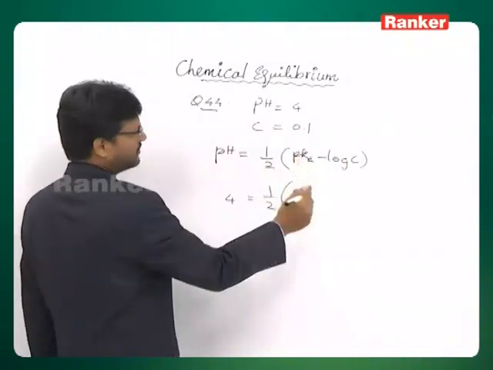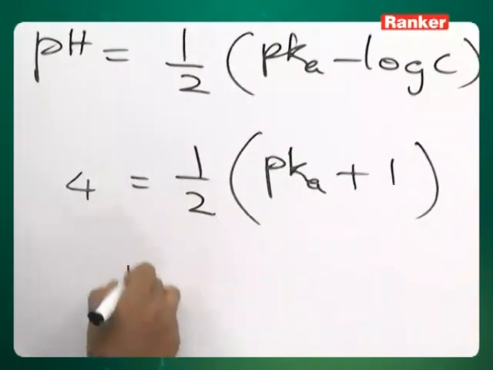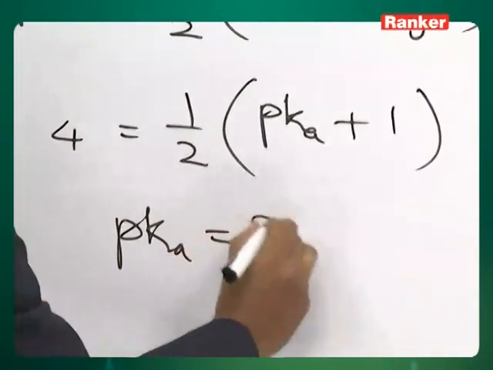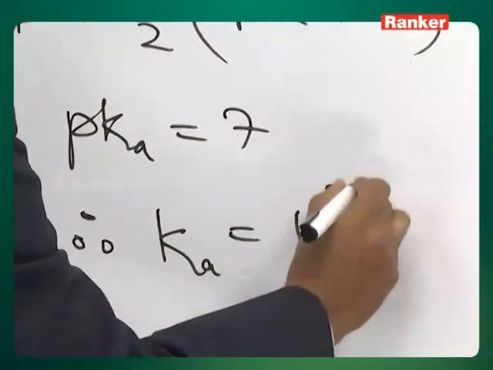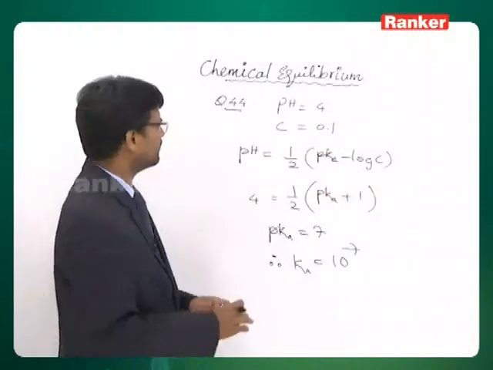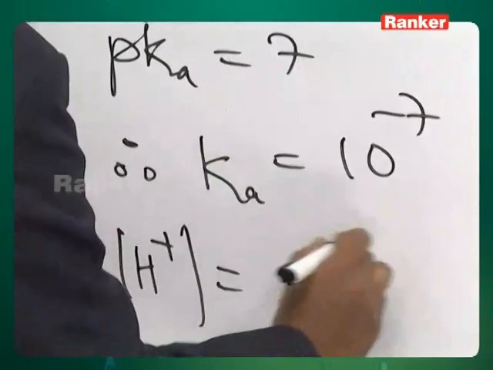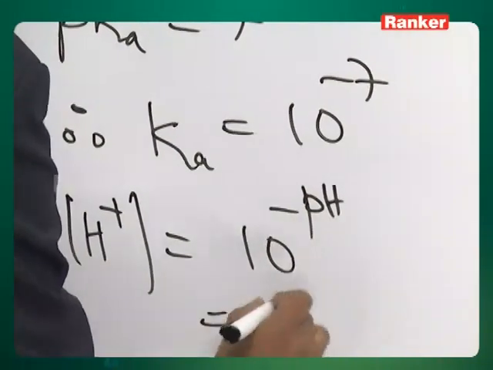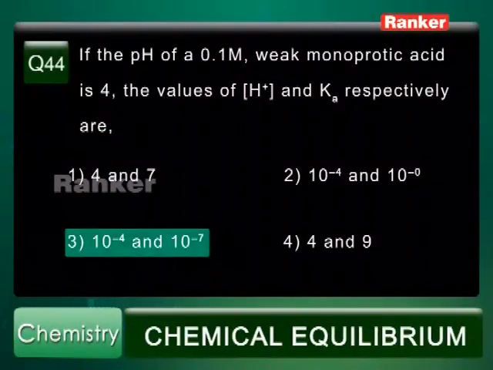Log C is -1, so minus of minus is +1. So pKa equals 7, therefore Ka equals 10 raised to -7. And the concentration of H plus is equal to 10 raised to minus pH. This is equal to 10 raised to -4. So the correct answer is the third option.